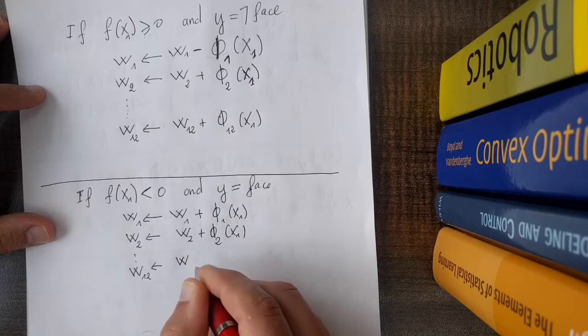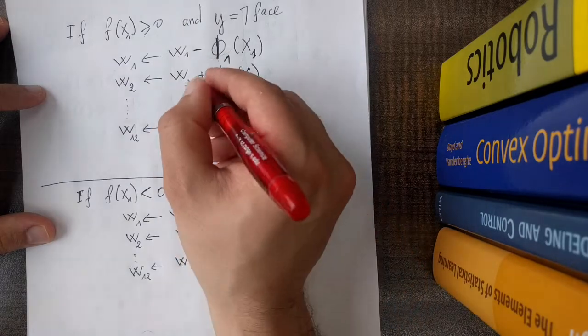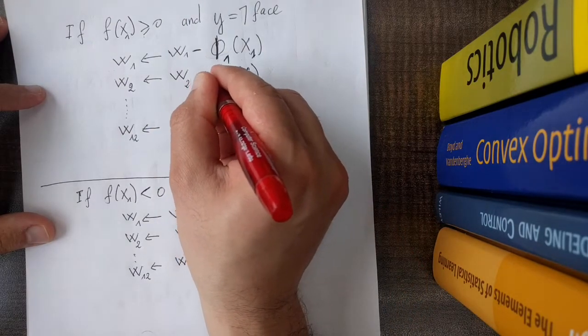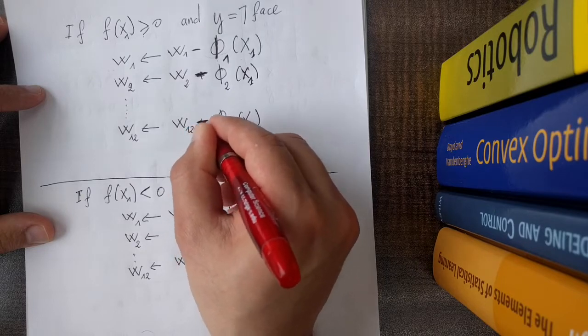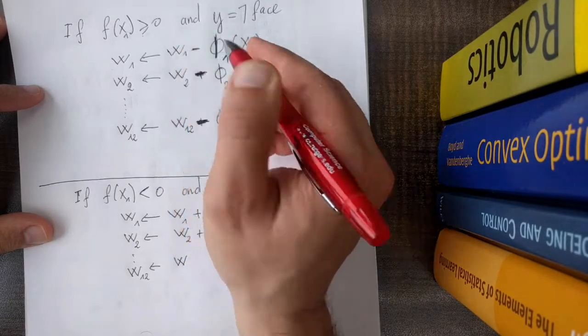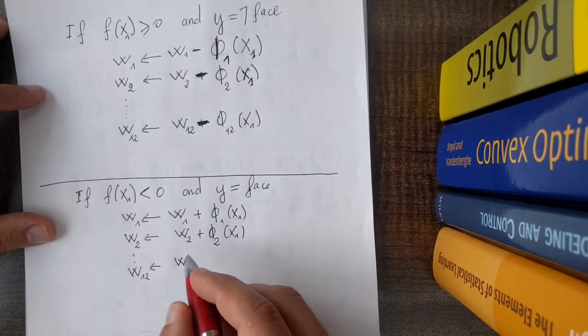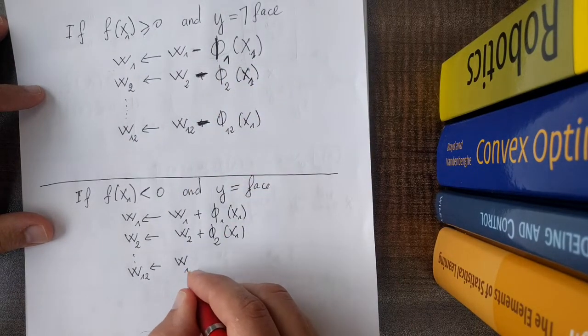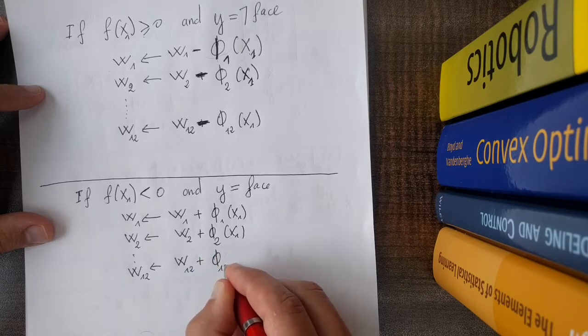As you can see, it's exactly the same thing, except that in the previous case, sorry, here it should be minus, and here also it should be minus. So in the first case, we are just subtracting the features from all the weights, and in the second case, we'll be adding the features to all the weights.